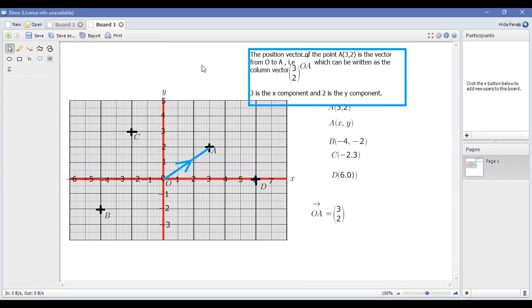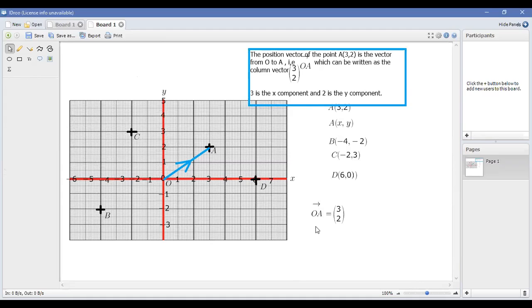Now look, the 3 is the x component and 2 is the y component, right? Is that clear? Yes. So now this represents a shift of 3 units to the right, followed by a shift of 2 units up. Make sense? Yeah. All right.